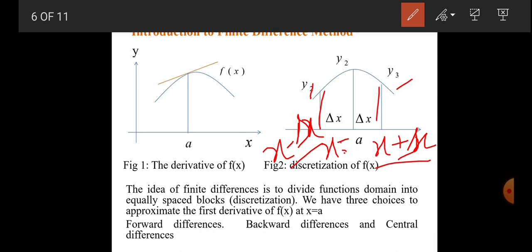So let's put the values of y1, y2, y3 in terms of x.